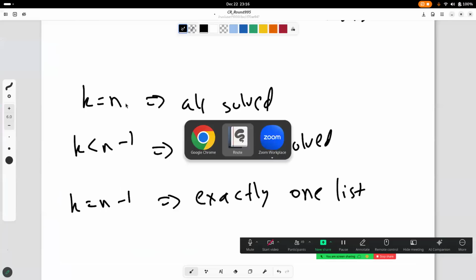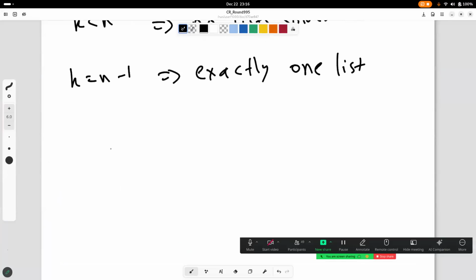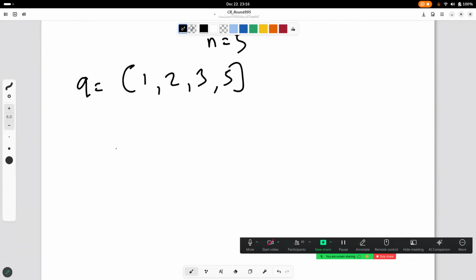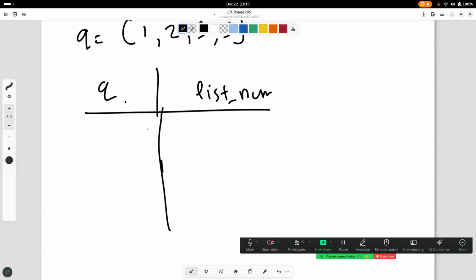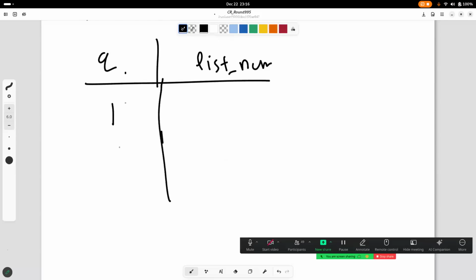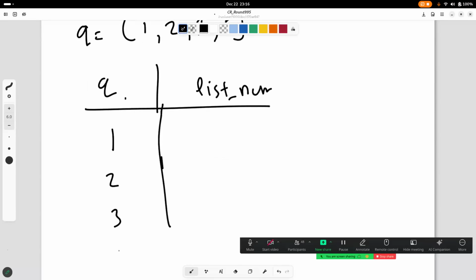So if I were to just dry run over it, let's just say that our queue was 1, 2, 3, and 5, and say our n is equal to 5. Now let's just say this is our list number. If you actually go over queue, the queue is 1, 2, 3, and 5.